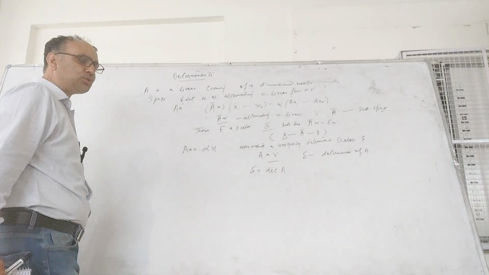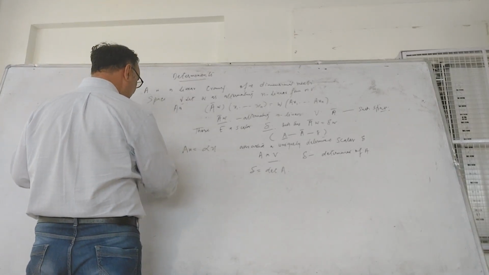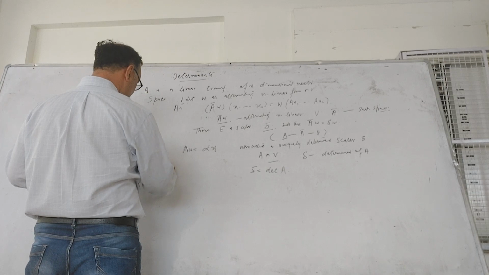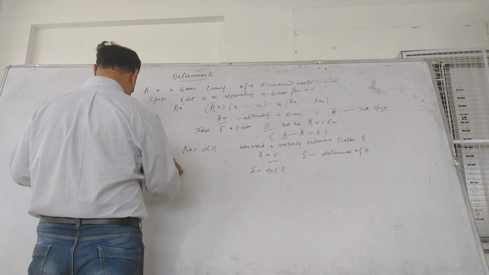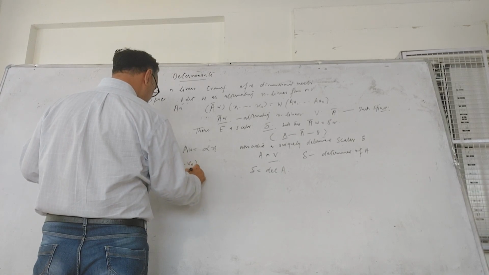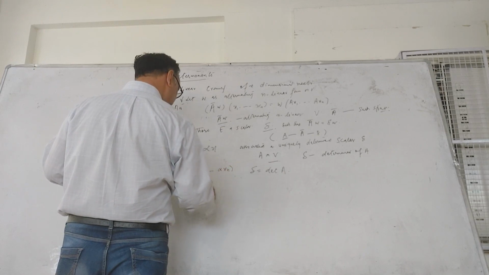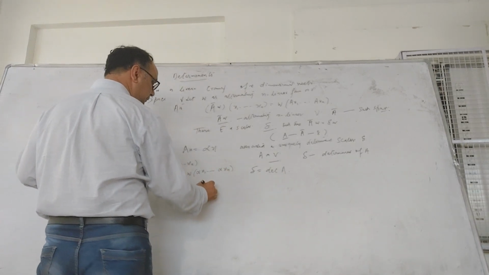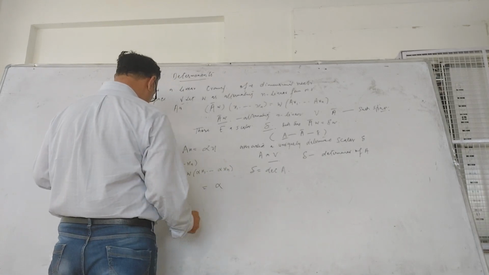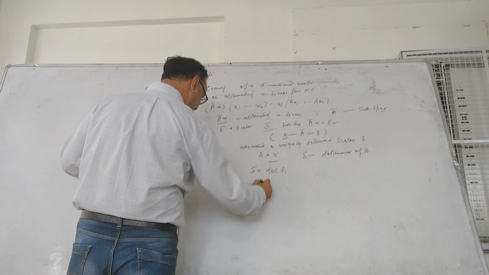Now if we assume A bar of omega x1 to xn, so if it's alpha 1, alpha 2, alpha n, you can just take this scalar outside and have this as x1 to xn.